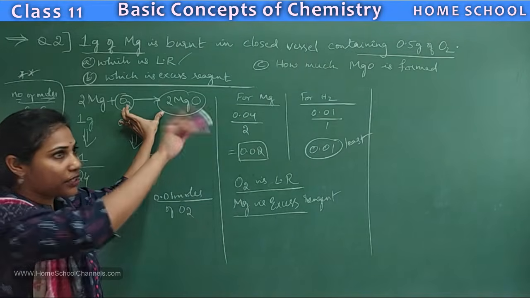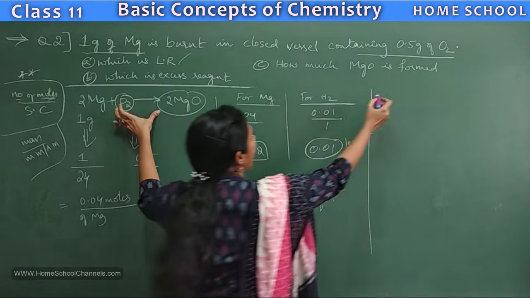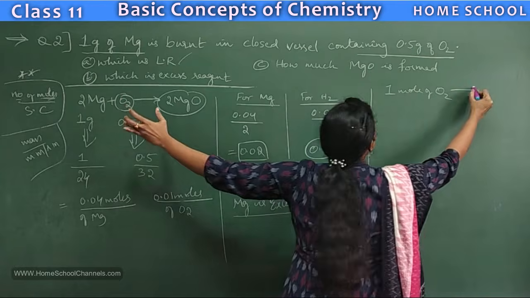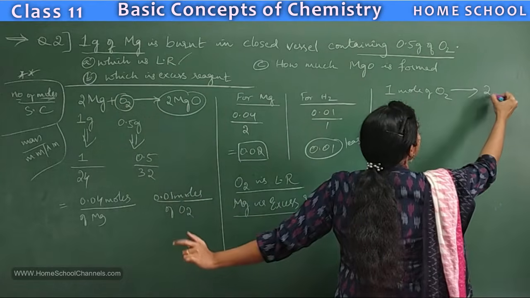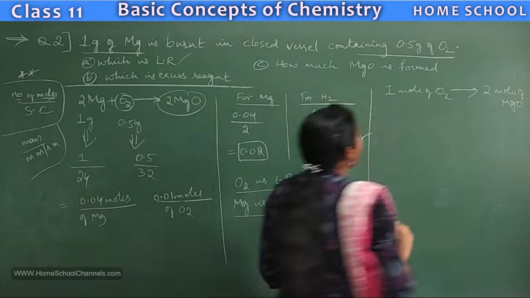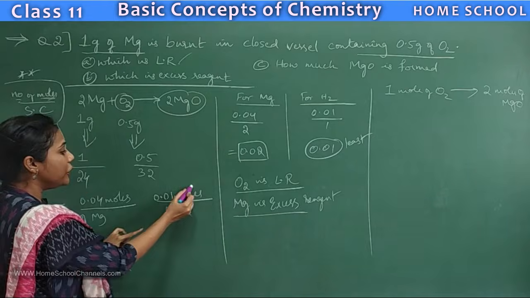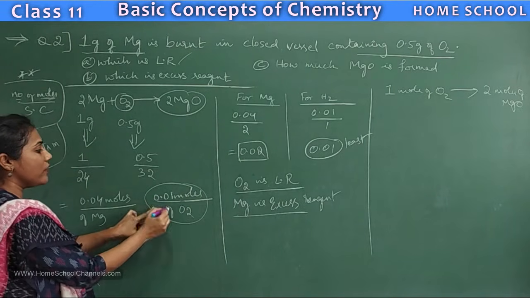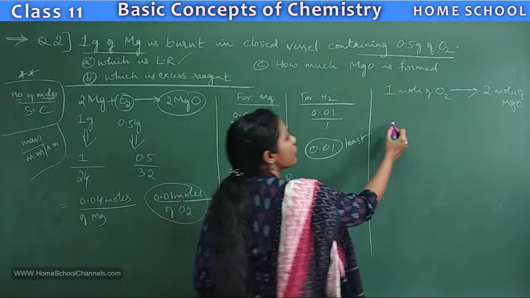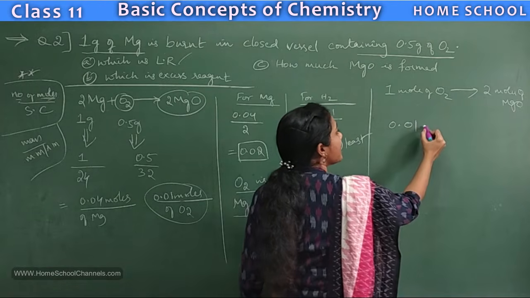From the equation we can clearly say that 1 mole of O2 gives 2 moles of MgO. And how many moles of O2 do you have in your reaction? 0.01 moles. So our limiting reagent moles in the reaction is 0.01 moles.